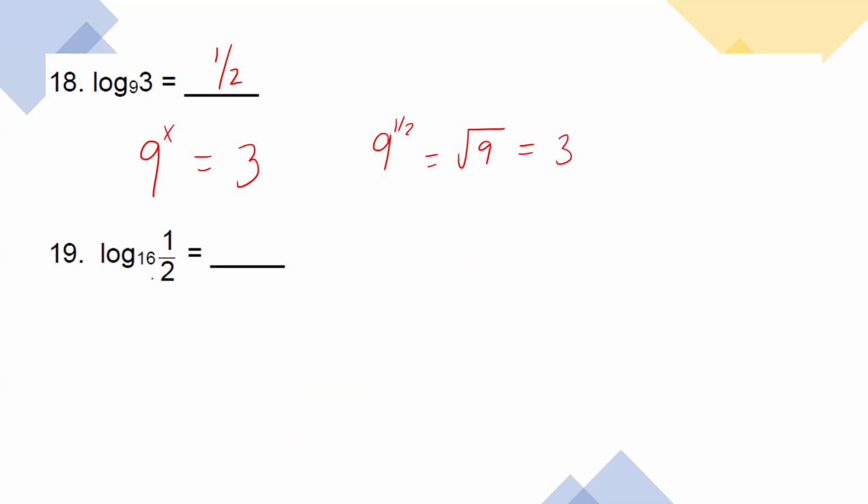Okay. This one's a little tricky. So we have 16 to what power equals 1/2? Negative? It has to be a negative. Good call. Not only does it have to be a negative, though, it also has to be a what? A fraction.